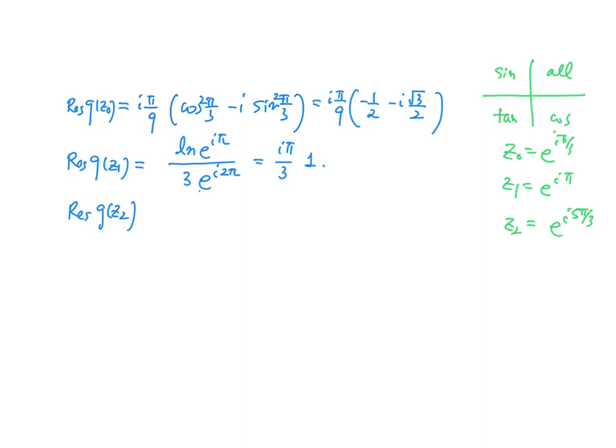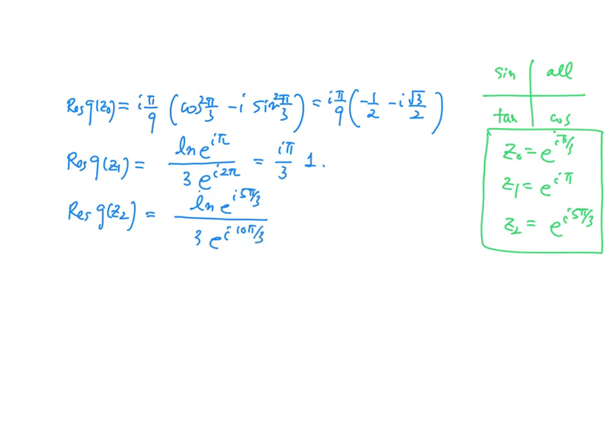So we have ln exponential I 5 pi over 3, 3 times exponential I 10 pi over 3. 10 pi over 3 is same as 4 pi over 3, right?